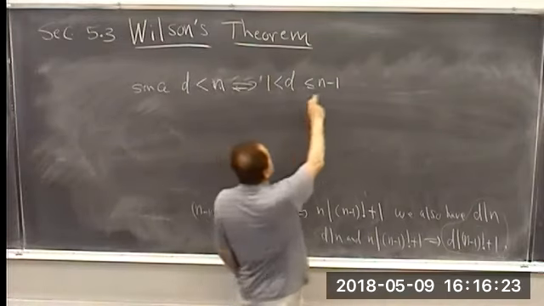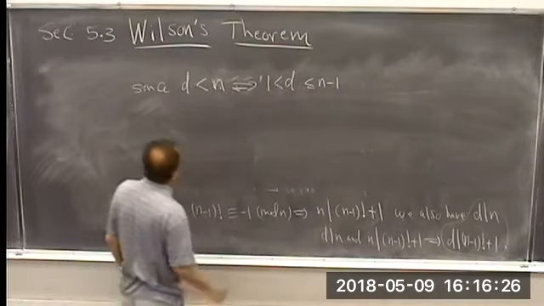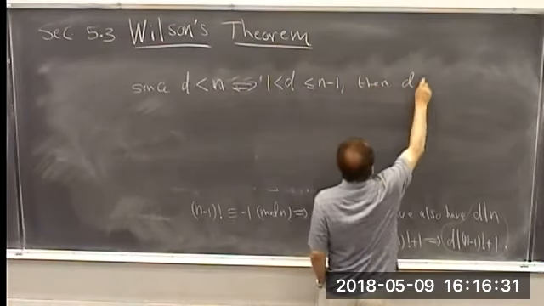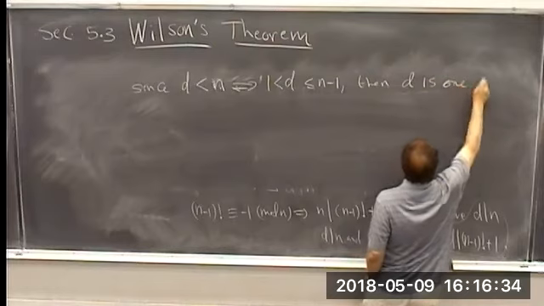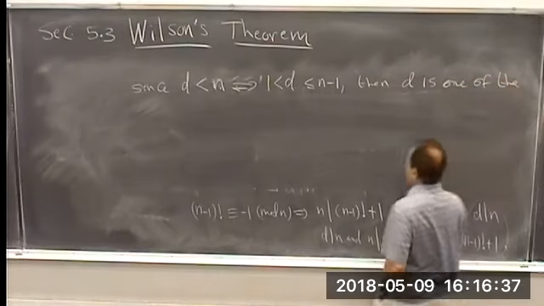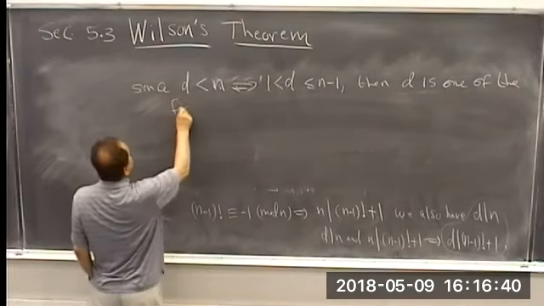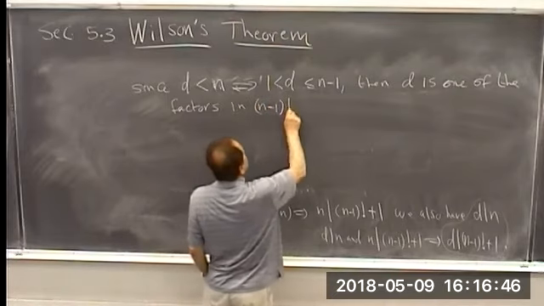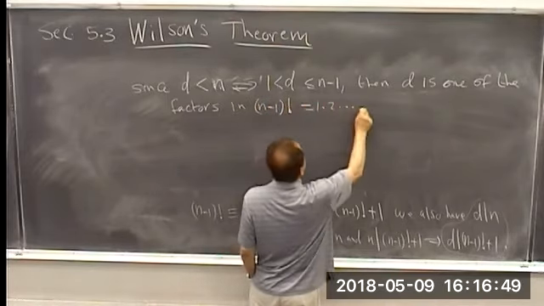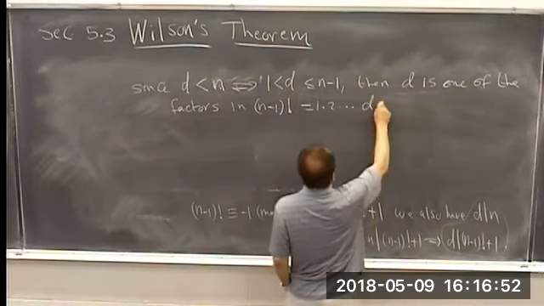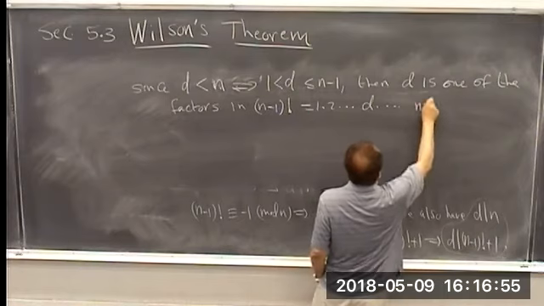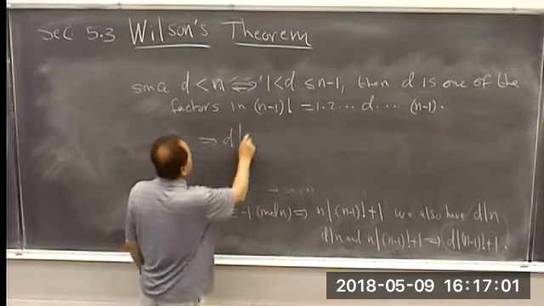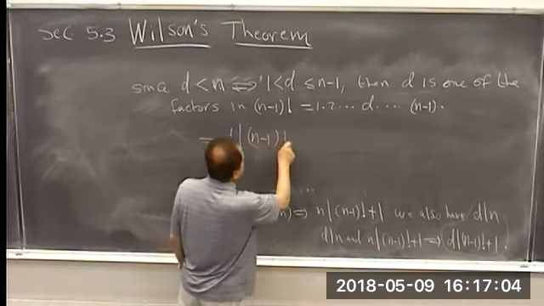This means that d is one of the factors in n minus 1 factorial. Because remember, this is 1 times 2 and so on; somewhere there's going to be a d, up to n minus 1. So this implies d divides n minus 1 factorial.